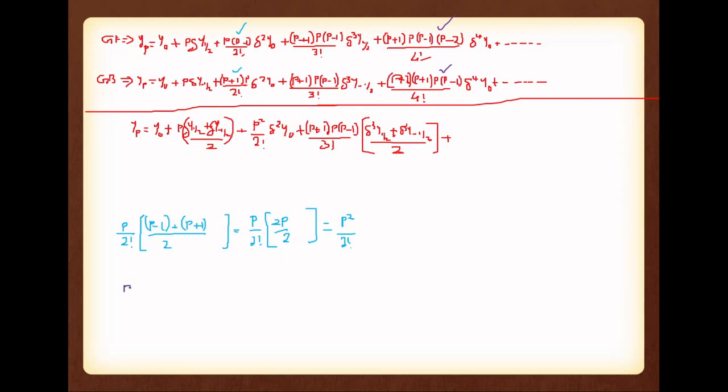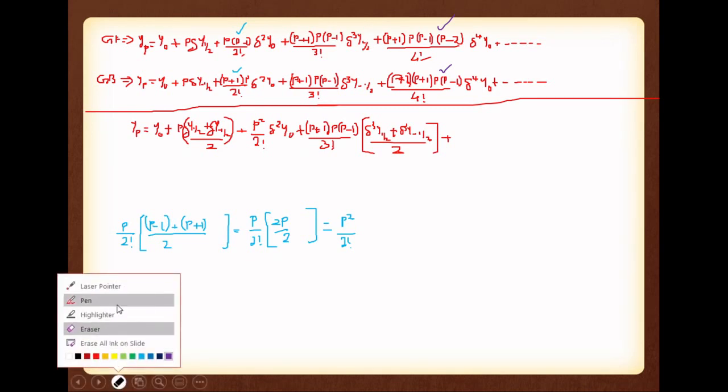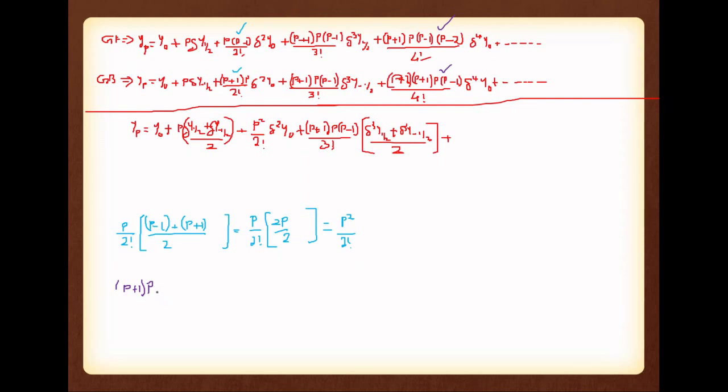So we write the common term outside: (p plus 1) into p into (p minus 1) divided by 4 factorial, into what is remaining: here we have p minus 2, plus here we have p plus 2.